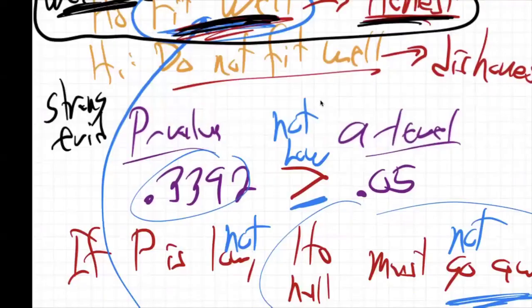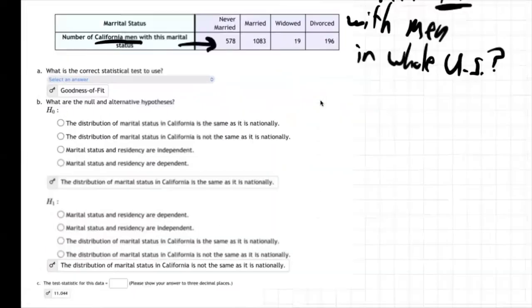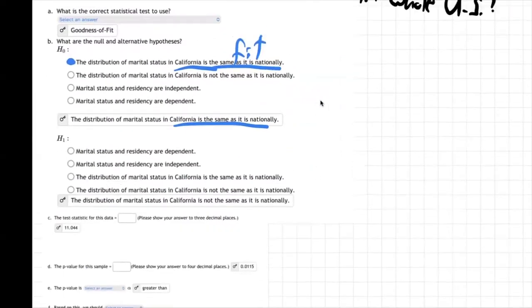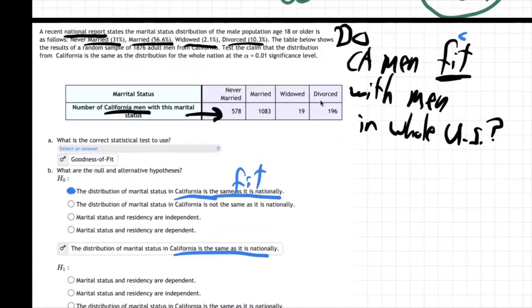Okay, so H0, they fit. H0 is going to be that California is the same as nationally, because that means it fits. California fits with the nation. They're the same. That's what it says right here. So basically, fit or same as men in the whole US.